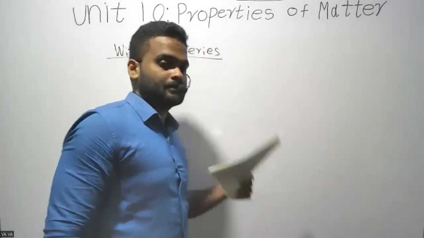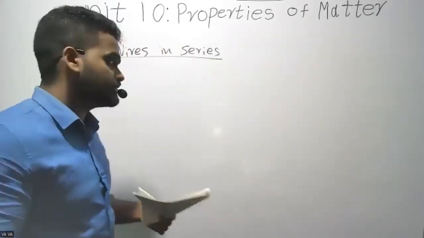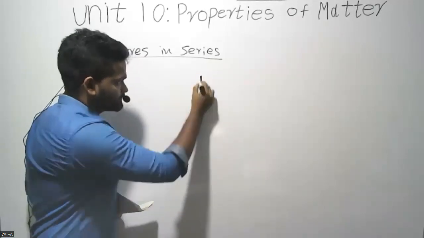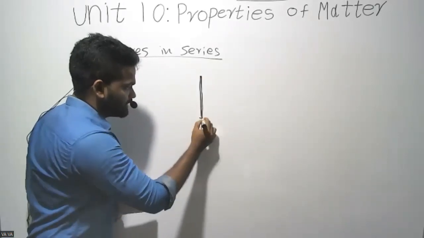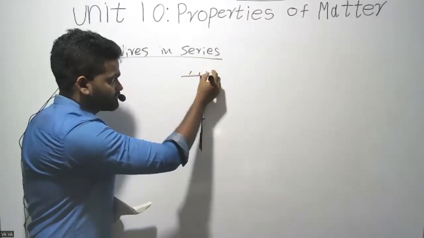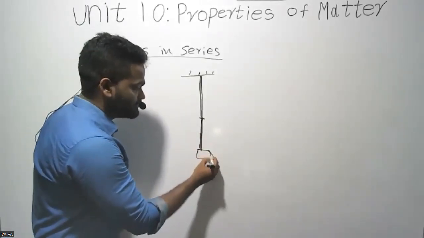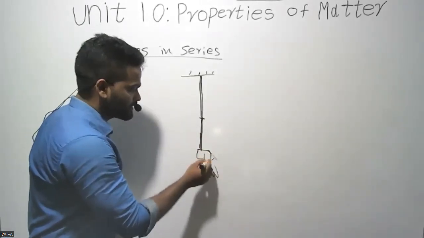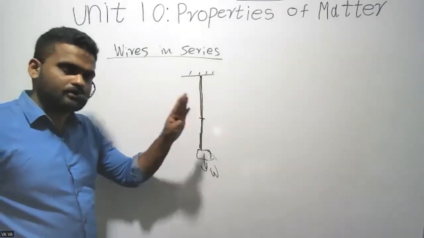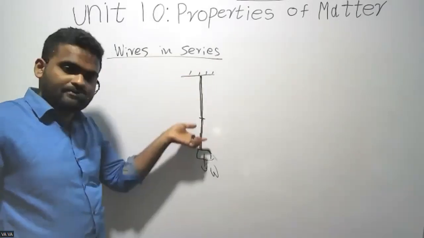Right. So first I'll just talk about two wires. Let's say this is one of the wires, then we have another wire. These are connected in series, then you just hang the W here. In this lesson we are only talking about light wires, meaning wires without any weight.